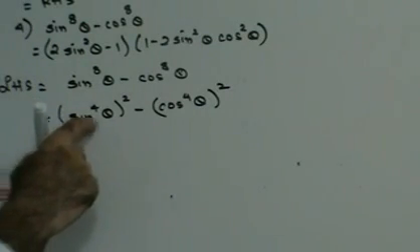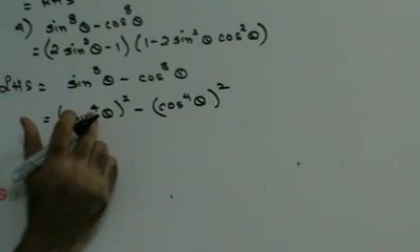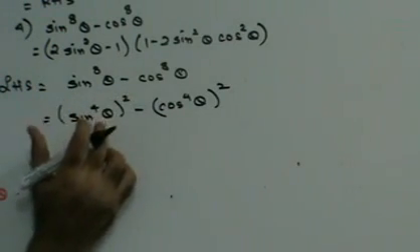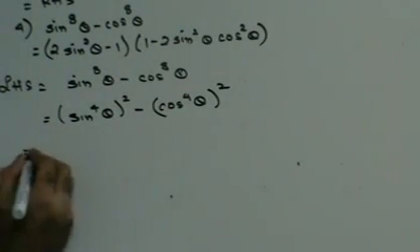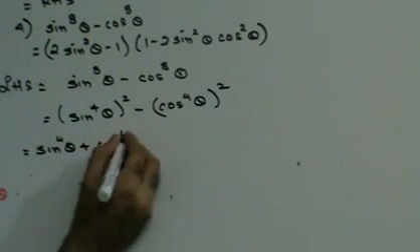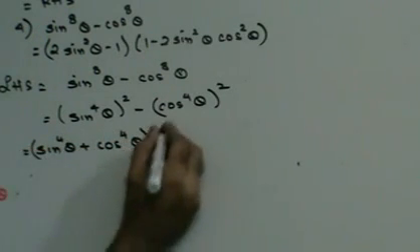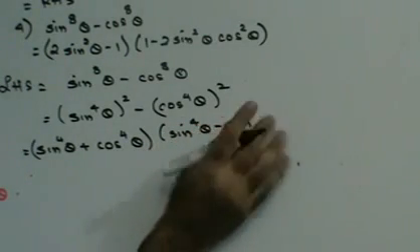This is in the form a square minus b square. Guys, first thing I did was I split the 8 as 4 into 2. Now a square minus b square is a plus b into a minus b.